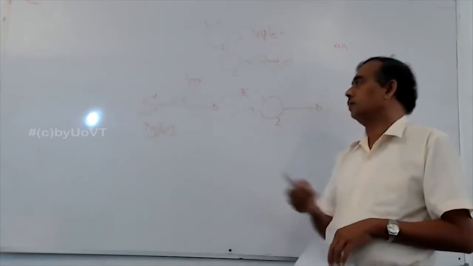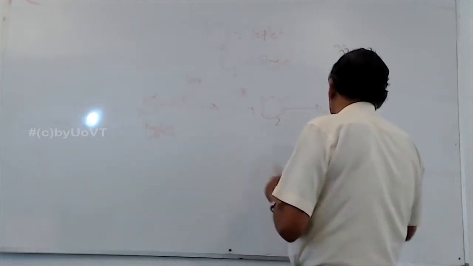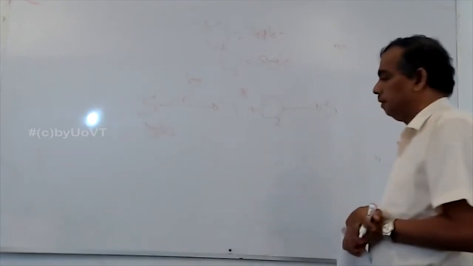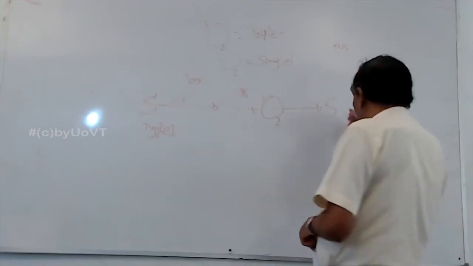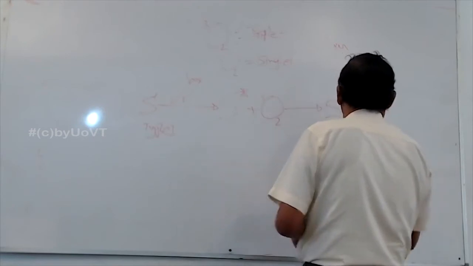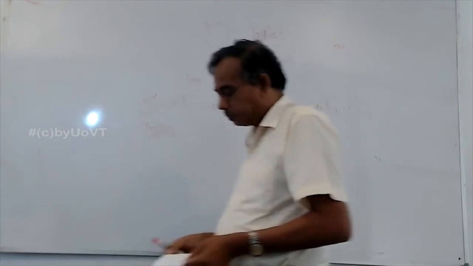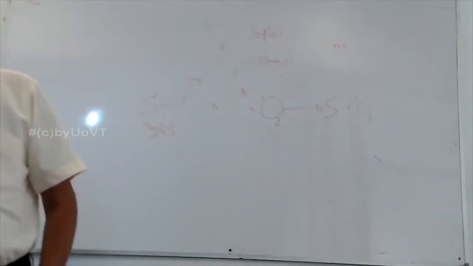So what will happen? S star becomes normal S because the energy is completely transferred to the oxygen. But the oxygen becomes singlet state.